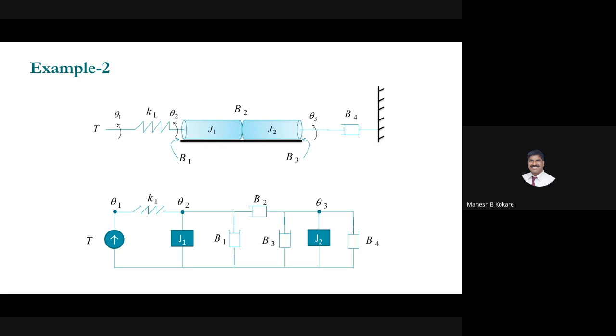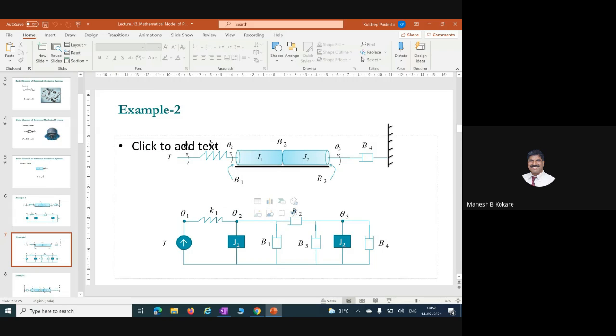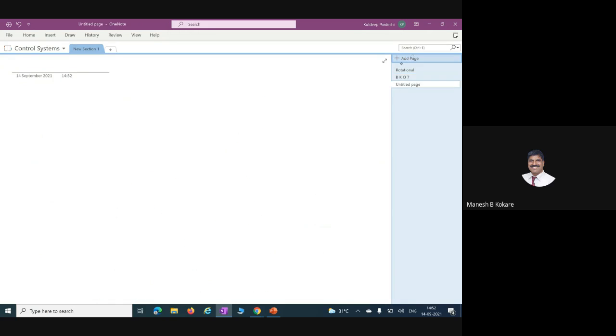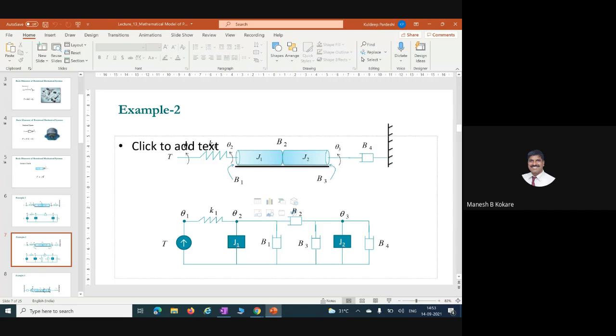Then what is this one? For this one, okay, I'll just write that equation. So I'll write an equation for the first one at node 1.